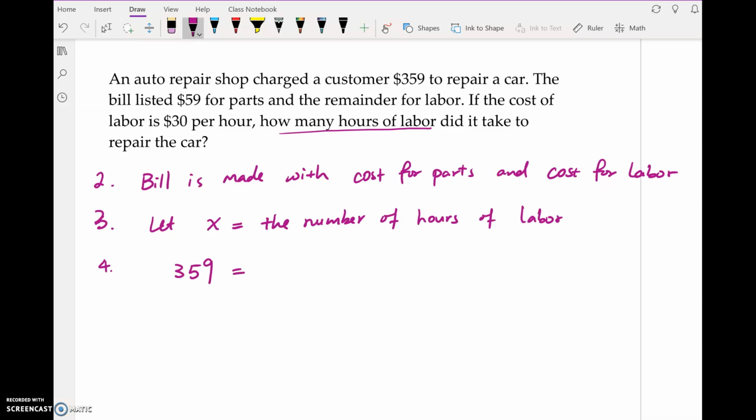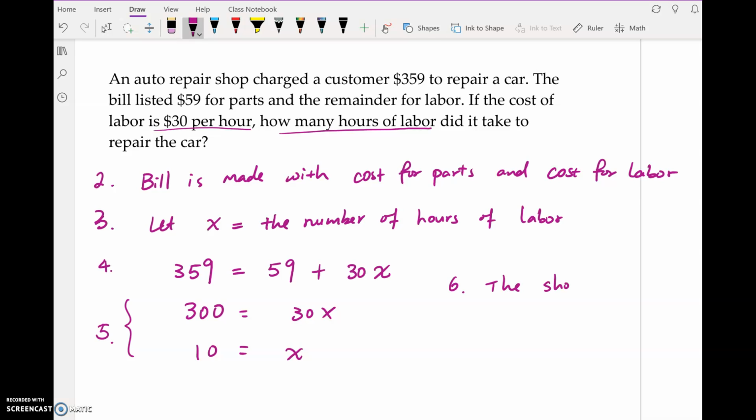It is made with the part 59, and the labor cost. Labor is 30 per hour, so $30 multiplied by the number of hours, and then we subtract 59 on both sides and divide by 30. So we know the shop used 10 hours to repair the car.